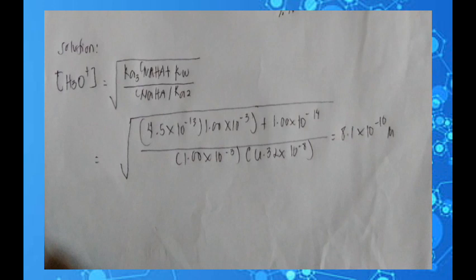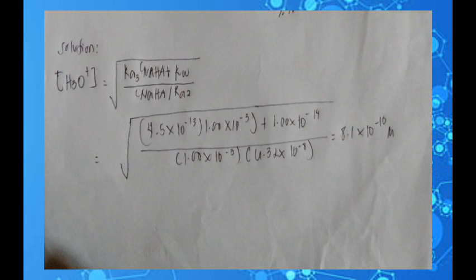So, ang equation na magagamit is ang [H3O+] equals the square root of (Ka3 CnAHA + Kw) over (CnAHA ng Ka2).